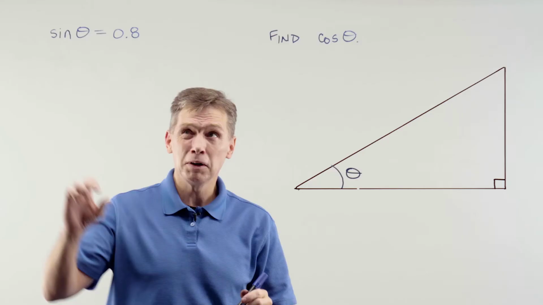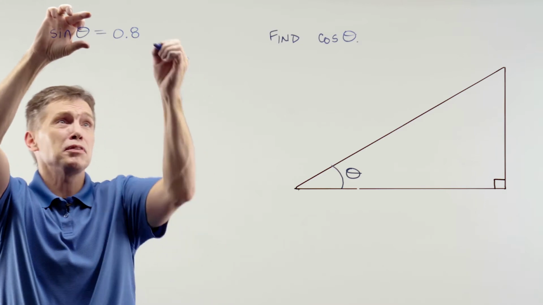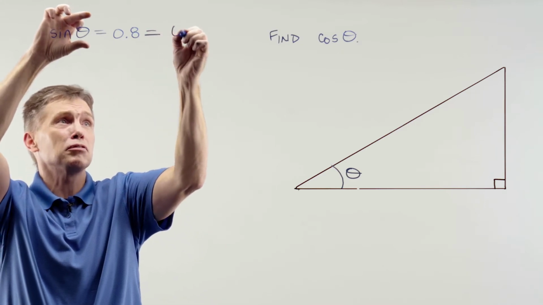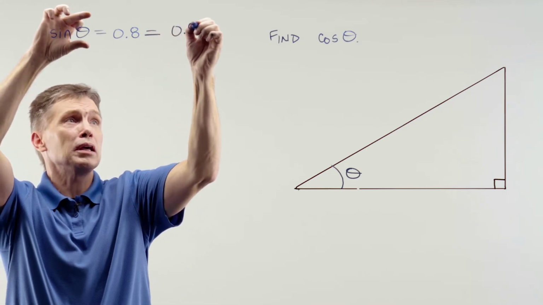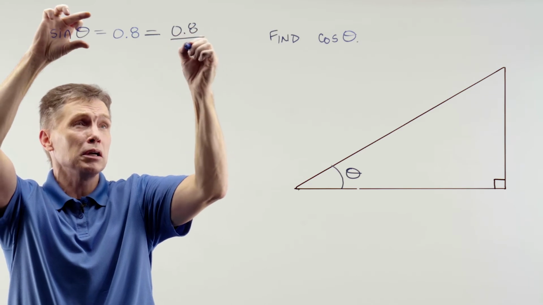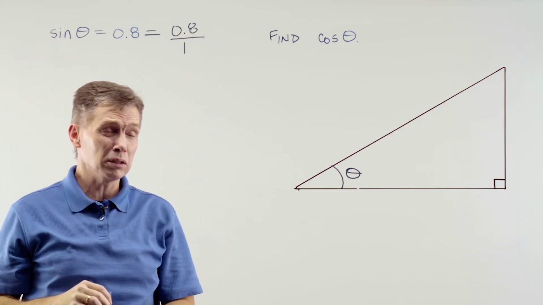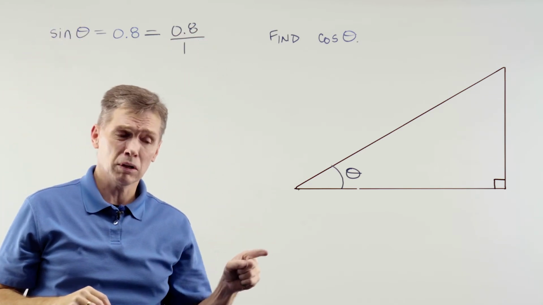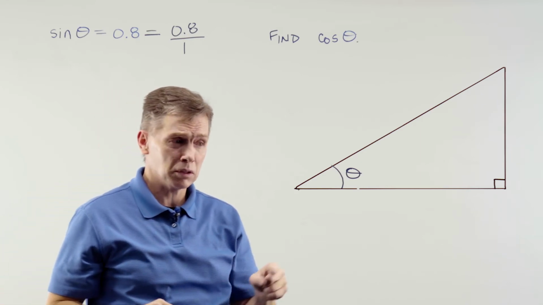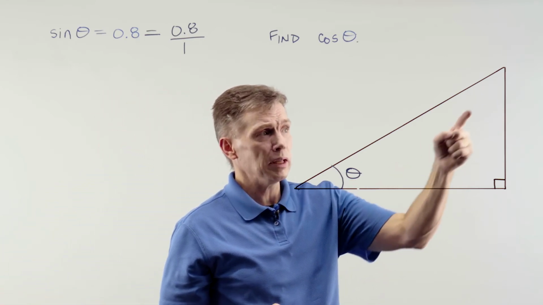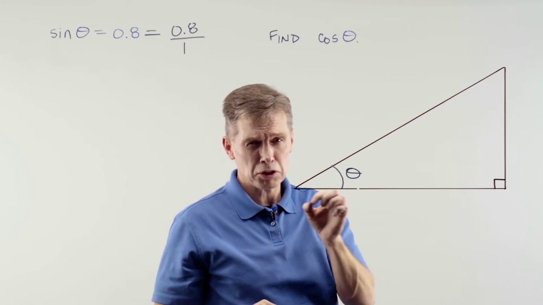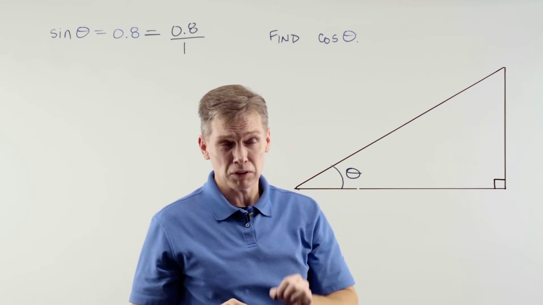Here's what's important: if I wanted to look at this as a fraction, 0.8 would be my numerator. And I can always put a denominator of 1, right? So back to the drawing, what's important in terms of the angle that you do label theta is to make sure you're getting your opposites and your adjacents accurate.